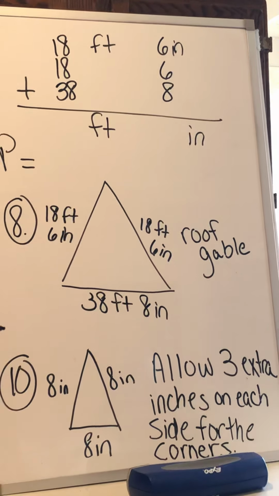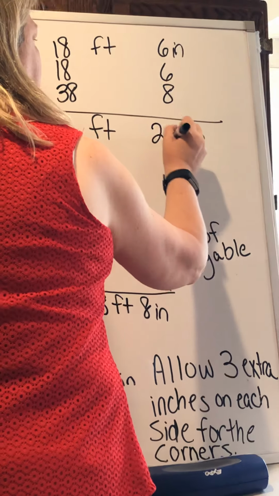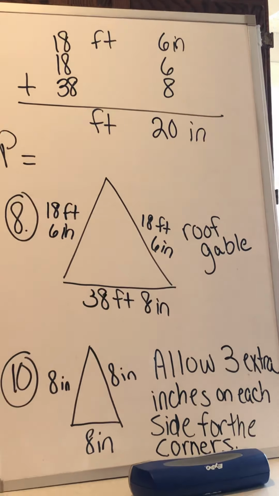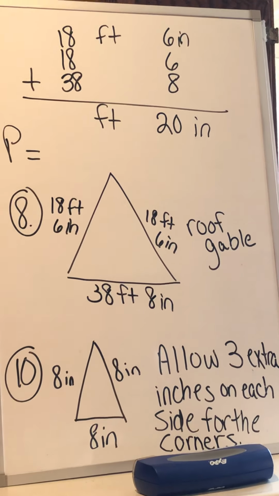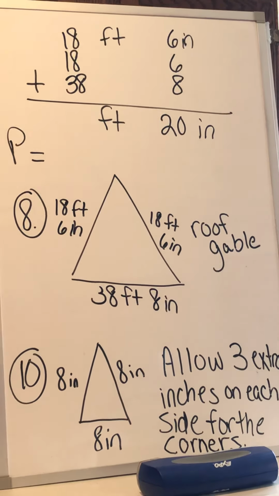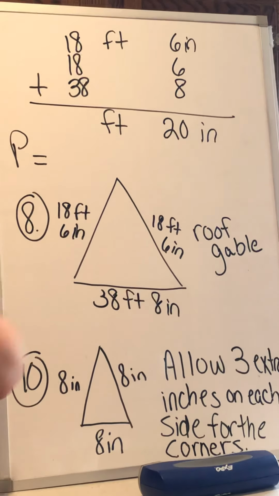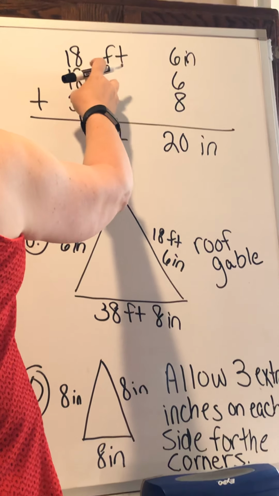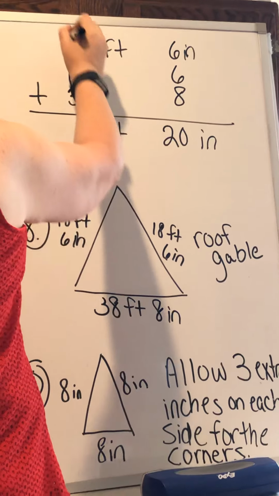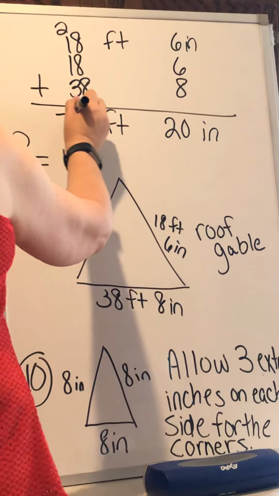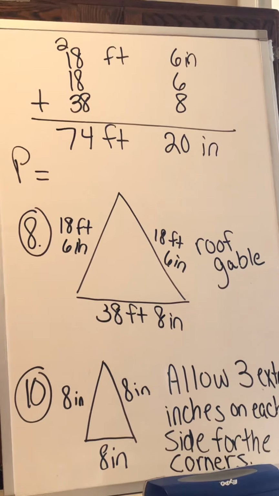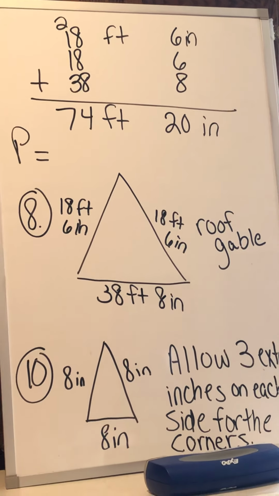Well, that should make 20 inches. And then add up all those feet. And you should end up with, well, 8 plus 8 plus 8 is 24. Carry the 2. And you're going to have 74 feet and 20 inches.